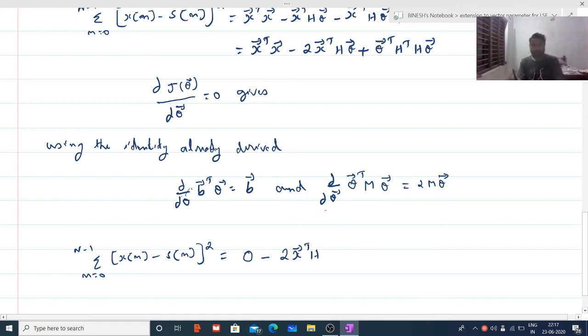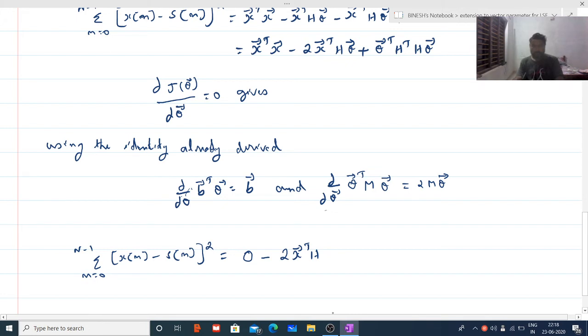Clear? 2 x transpose, it is with respect to 2 into x transpose h.